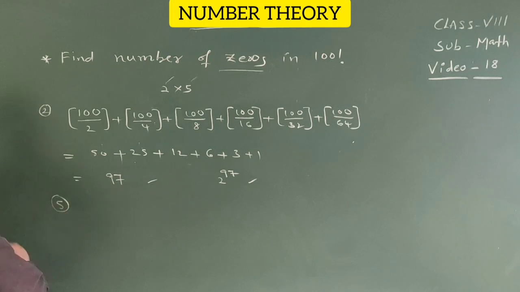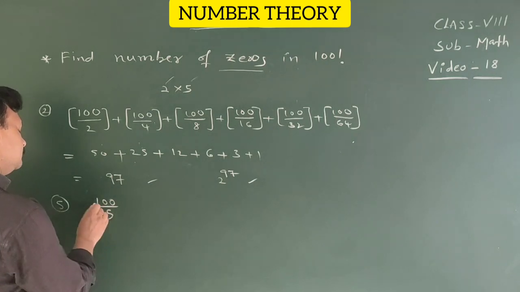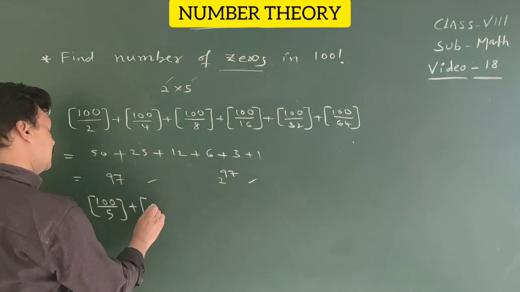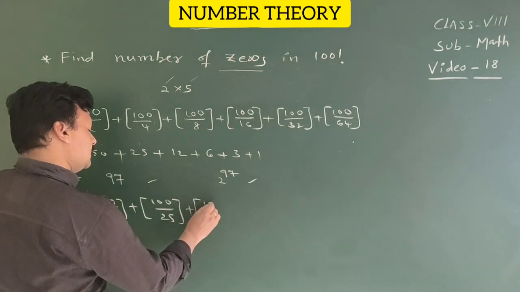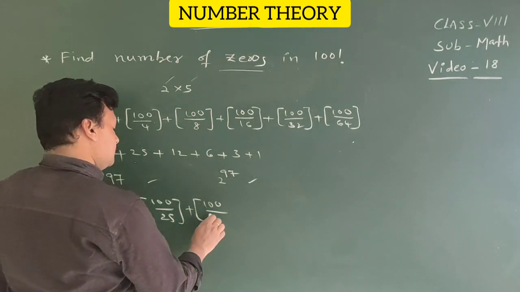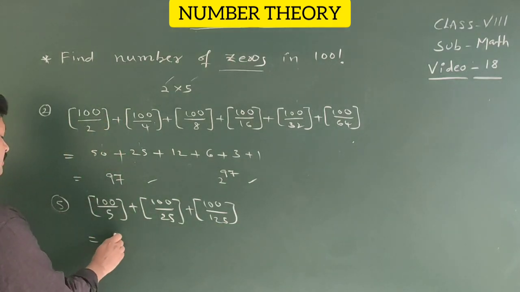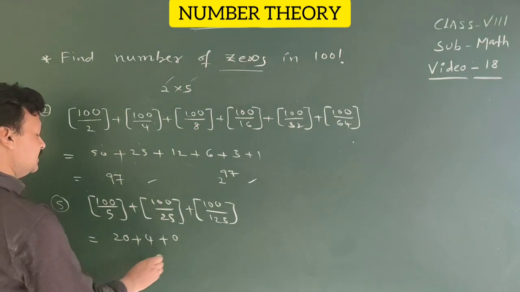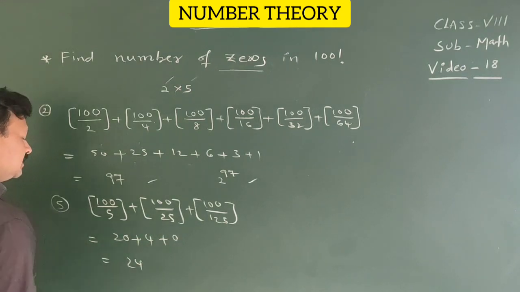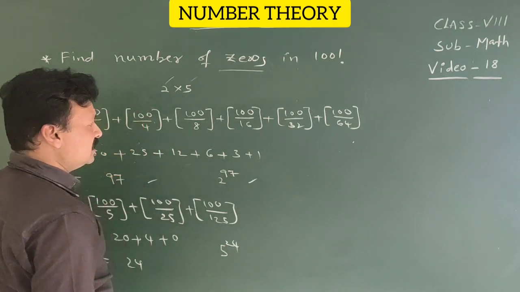Next, the highest power of 5 contained in 100 factorial. That is 100 by 5, 100 by 25, 100 by 125. 100 by 5 is 20, 100 by 25 is 4, and the last is 0, so we get 24. That means 5 to the power 24.